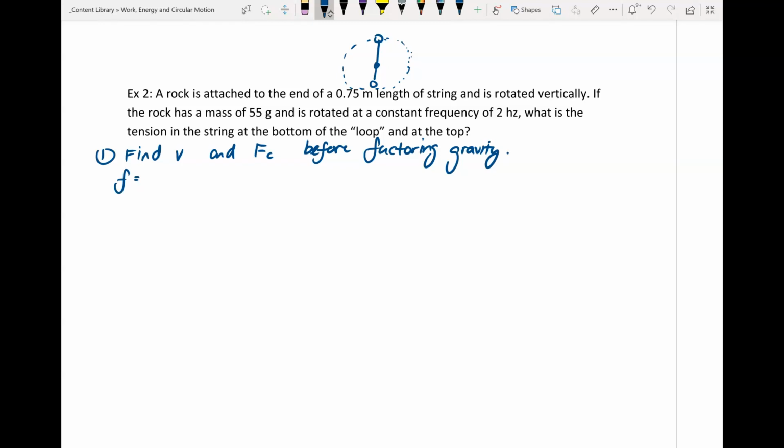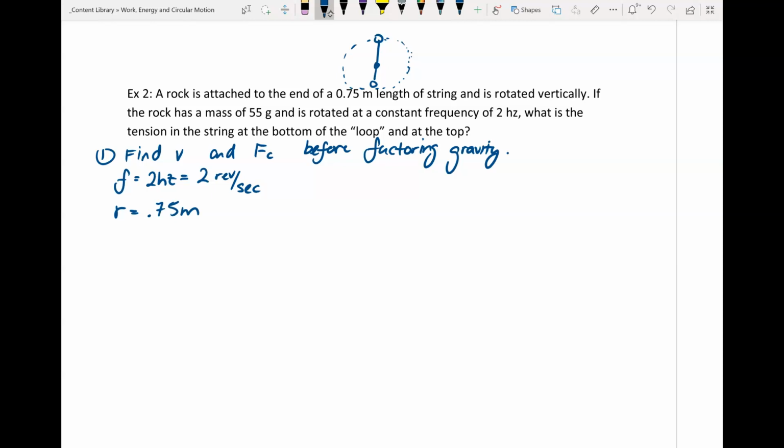Take a note that frequency, which was given in the question, is in hertz. This can also be defined as 2 revolutions per second or 2 cycles per second. And that's from the definition of hertz. Our radius is 0.75 meters.